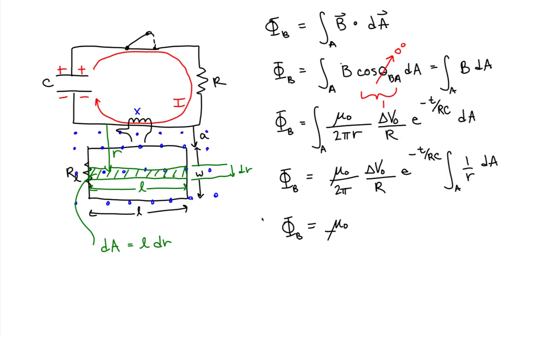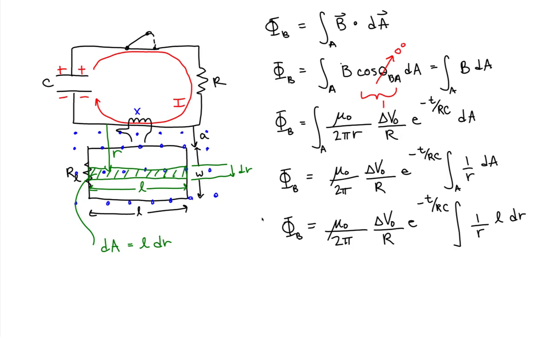So the magnetic flux is equal to the permeability of free space over 2 pi times the potential difference of the initially charged capacitor over the resistance, e to the minus time over the product of the resistance and capacitance. And this is times the integral of 1 over r L dr. And now that we know what we're integrating with respect to, r, we could determine the limits of integration.